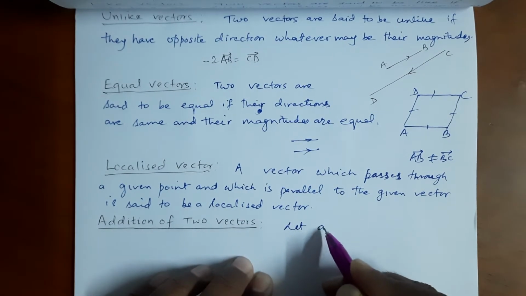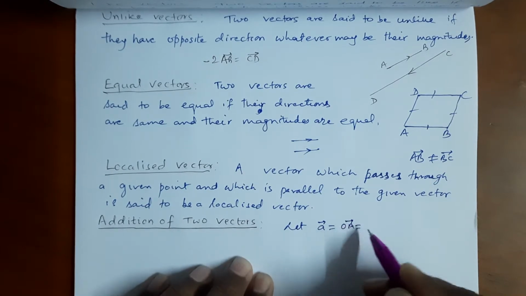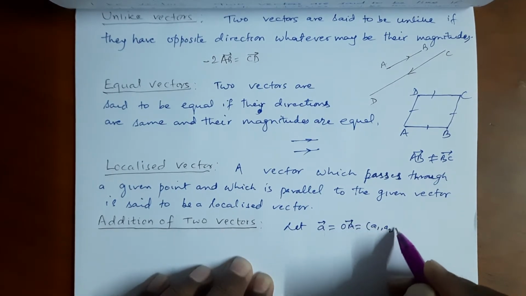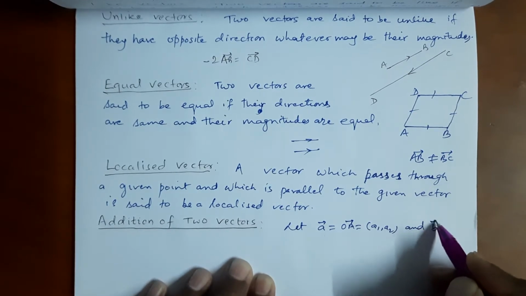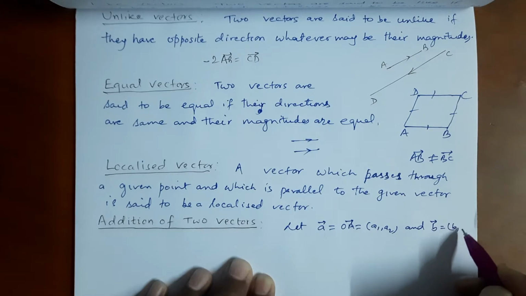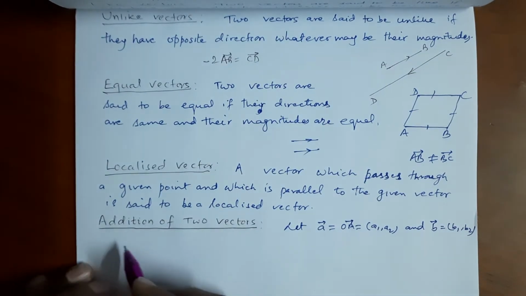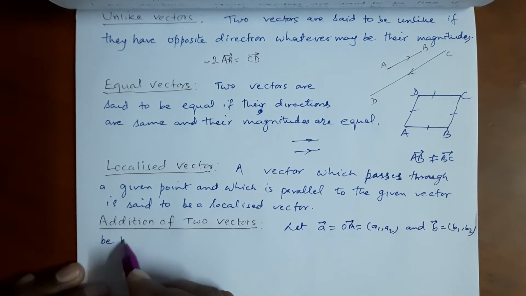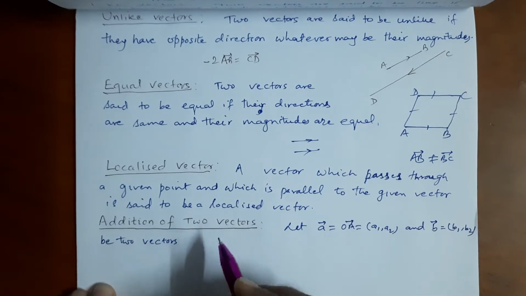Let vector A equals OA vector equals (A1, A2) and vector B equals (B1, B2) be two vectors.